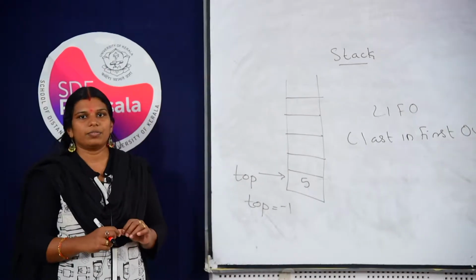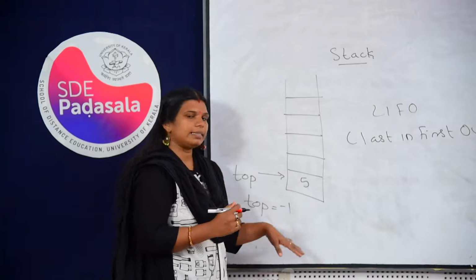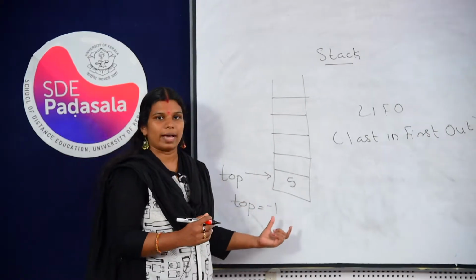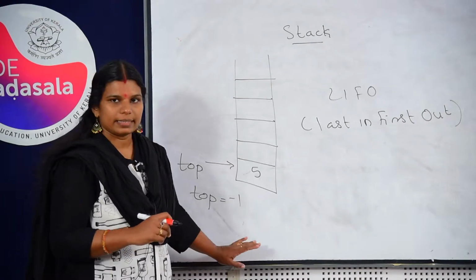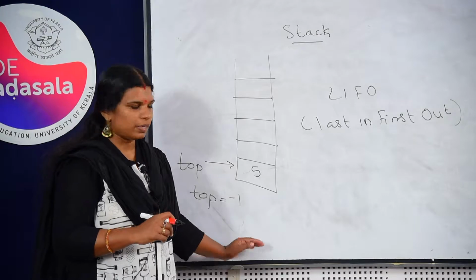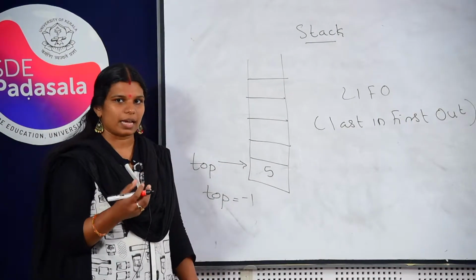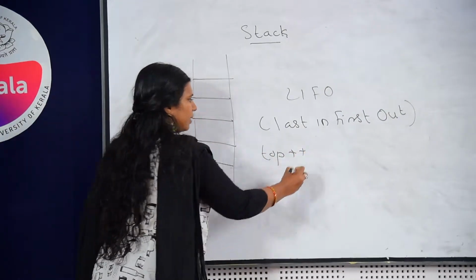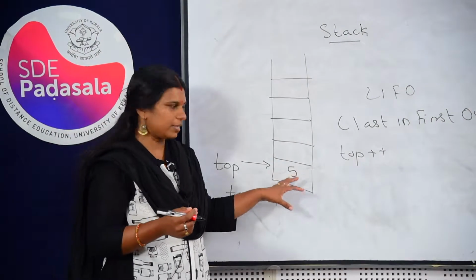That is, before inserting any element, the stack will be empty, and at that moment we will set a variable named top and we will set its value as -1. When we have to insert an element into the stack, we will increment the value of top by 1 and insert an element into the stack.